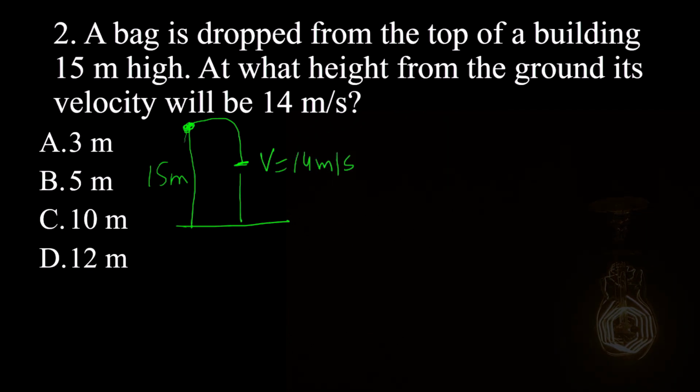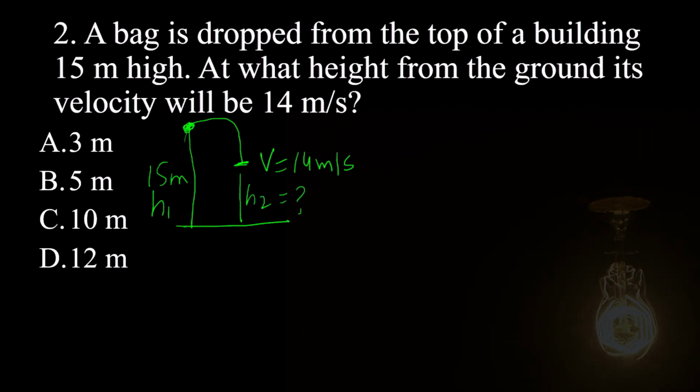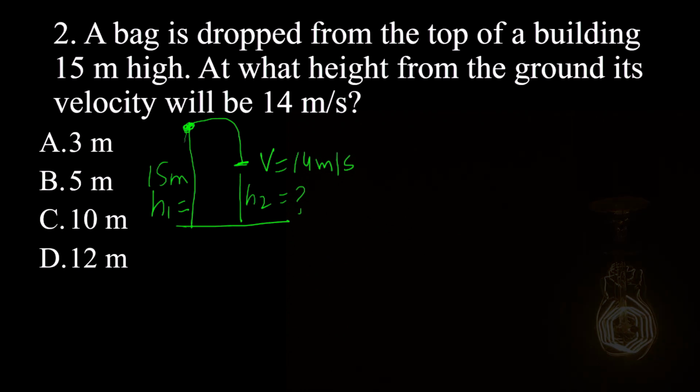You have to calculate this height; let's say this height is h2 and the given height is h1. You must have studied in your previous classes that whenever anything is at a height and under the influence of gravity, it has potential energy, and when it falls, that potential energy is converted into kinetic energy.